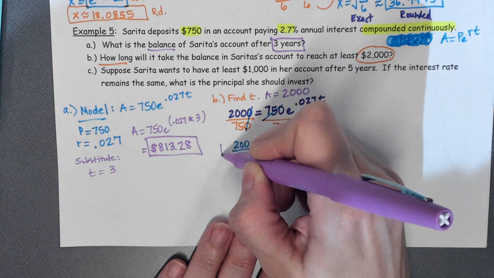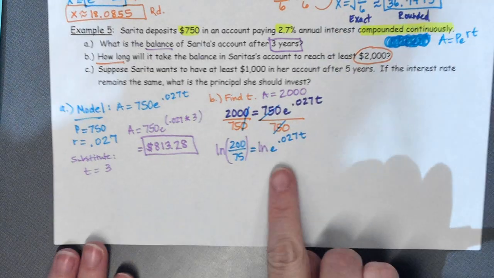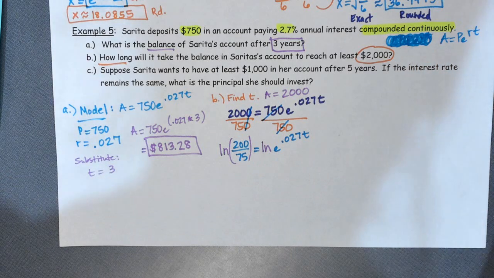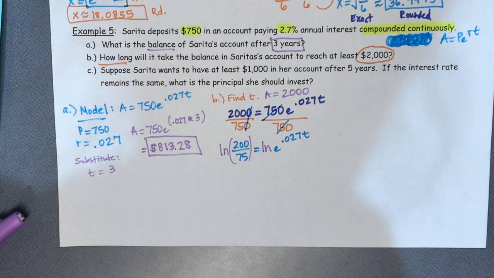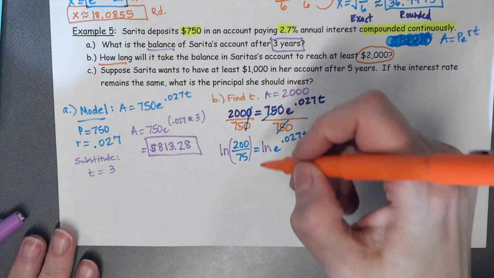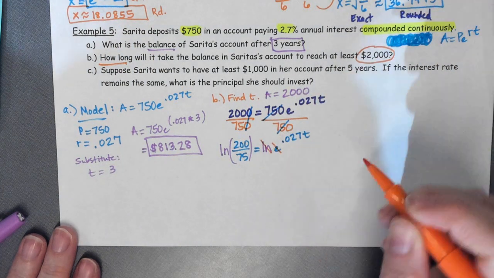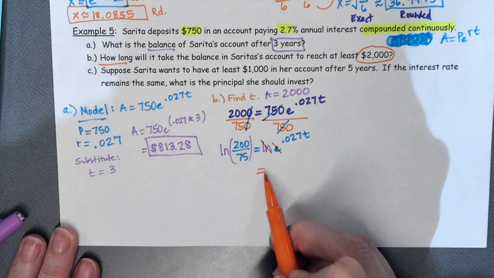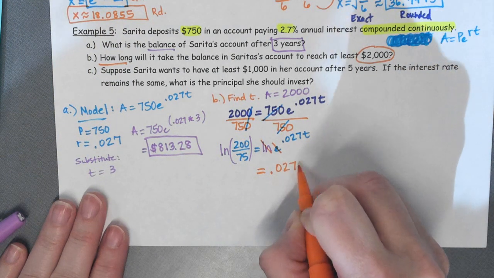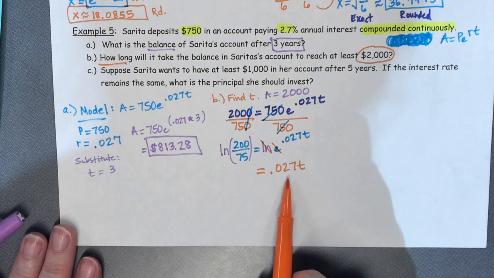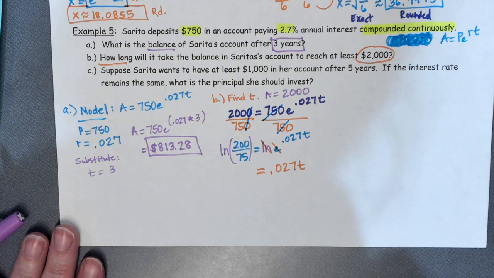Natural log. So anytime you are solving with e, you're going to apply the natural log, because that's the inverse, and those two operations are going to undo one another, and you're just going to be left with the exponent being brought down in front.